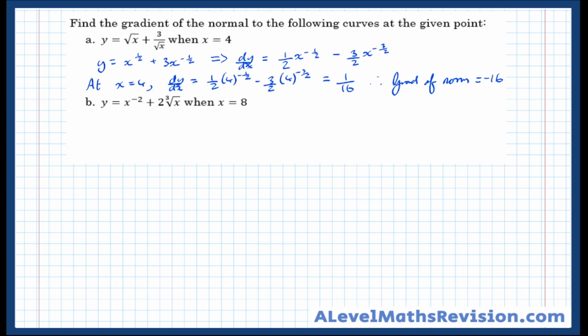So it's not quite written in a differentiation friendly format yet, so we'll do that now. So y equals x to the minus 2, that's fine to differentiate, plus 2x to the power of 1/3, cube root of x is x to the third.